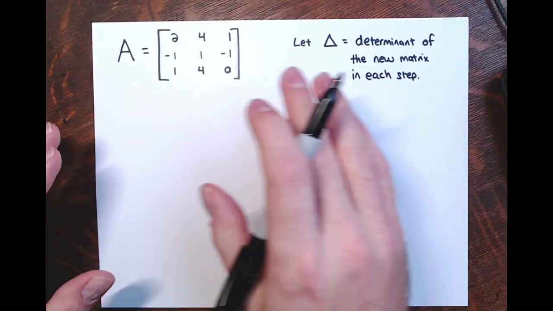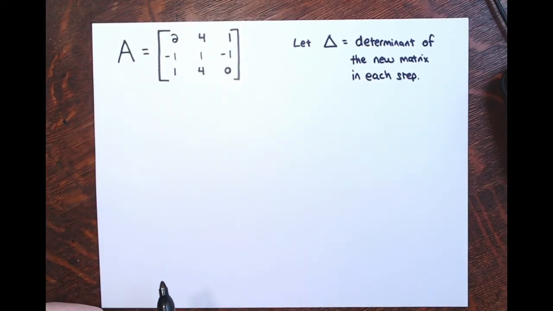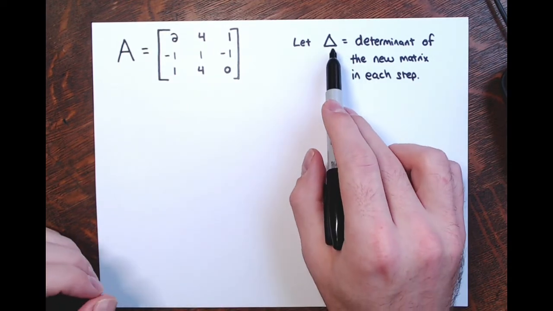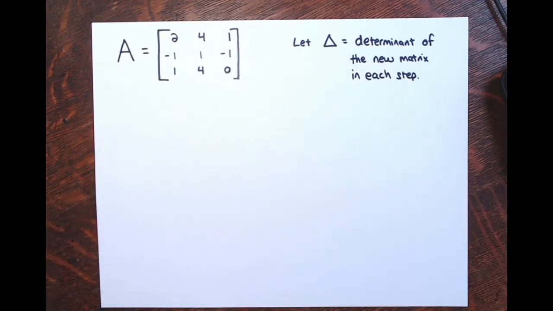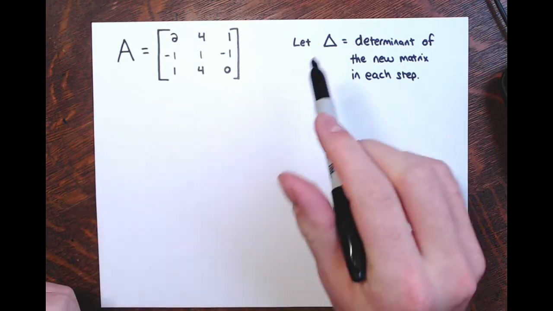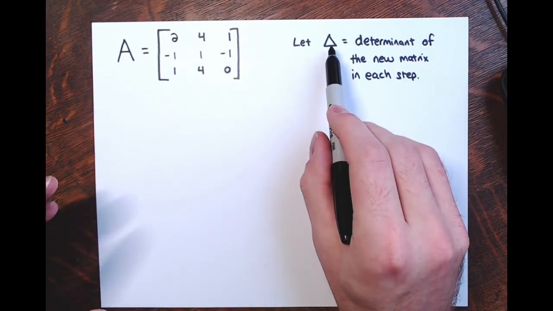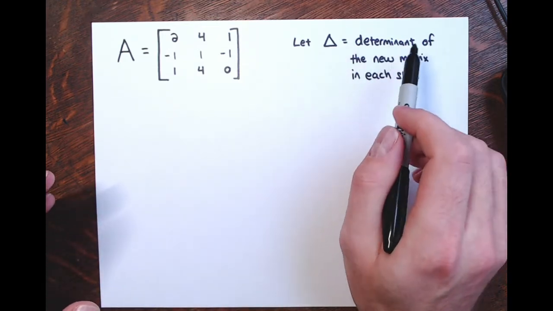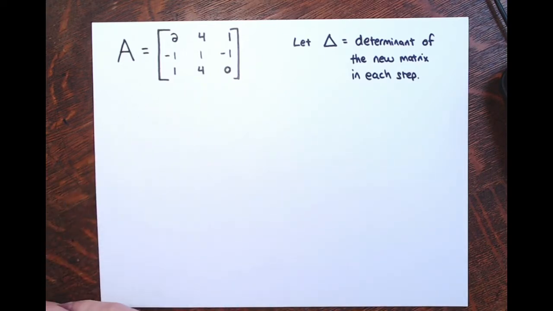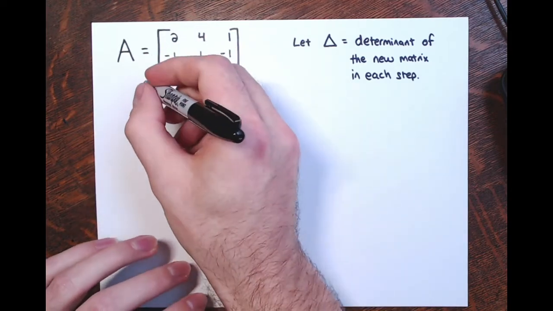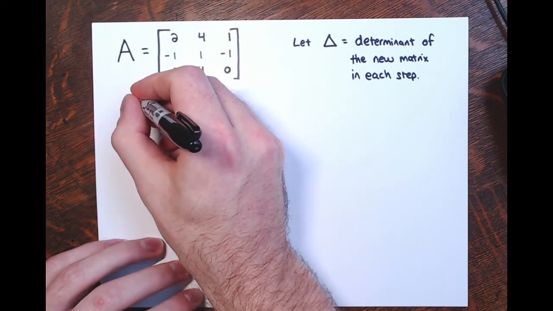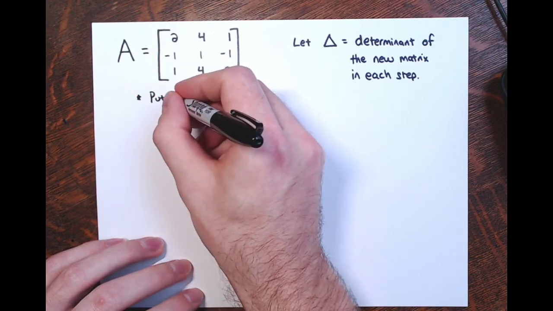Okay, so here's this 3 by 3 matrix, and I made this little note off to the side like they had in their example prior. I'm going to let this little delta shape, this triangle, represent the determinant of the new matrix that comes about in each step. I'm going to use row operations to put this in echelon form. That's the goal.